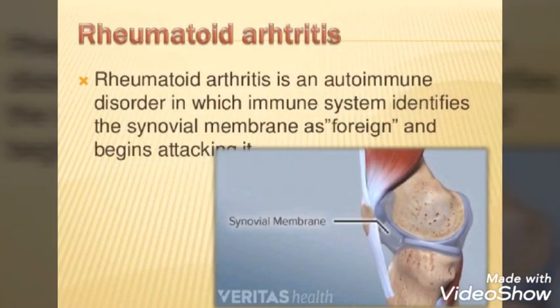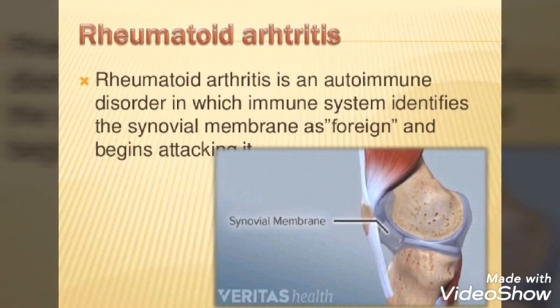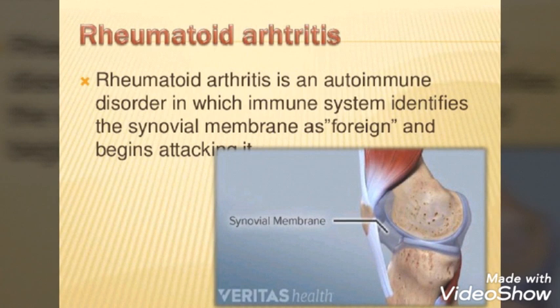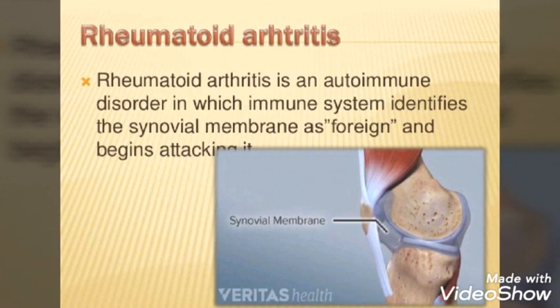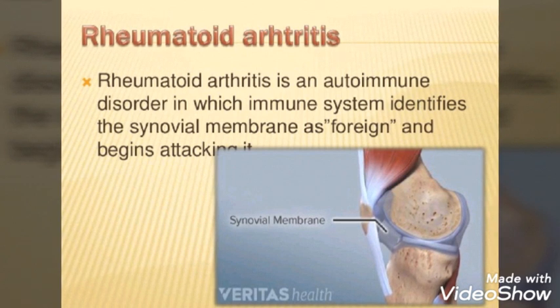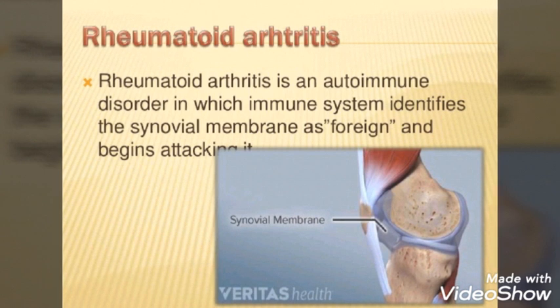Let's see the introduction. Rheumatoid arthritis is an autoimmune disorder in which the immune system identifies the synovial membrane as foreign and begins attacking it. So, this rheumatoid arthritis is an autoimmune disorder. That means autoimmune means automatically generated.